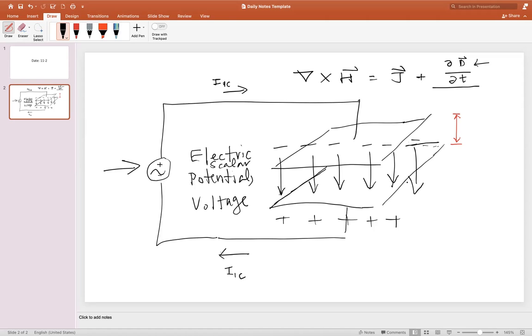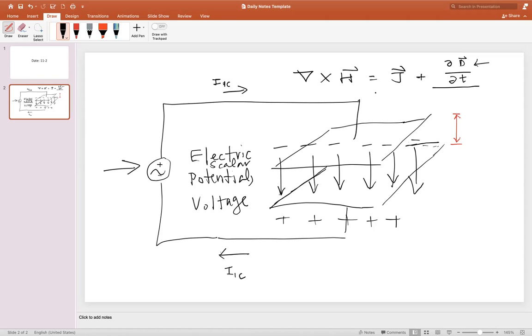This was basically one of the last parts of Maxwell's equations that had to be added in order to unify magnetostatics with time varying electromagnetics.